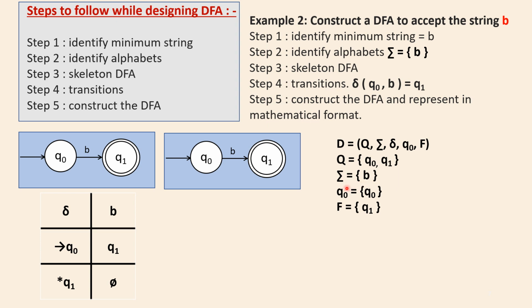The input is B, Q0 is the start state and Q1 is the final state, and in the transition table we have Q0 on input B going to Q1 and Q1 on input B has no transitions.